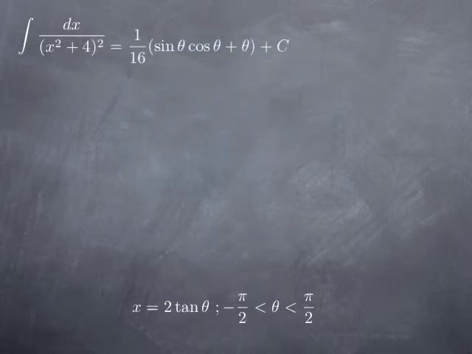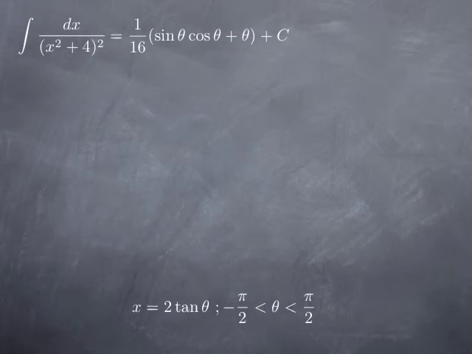And now I'm in a position to re-express this in terms of x using the usual geometric interpretation in the triangle. We have x is 2 tangent theta, in other words tangent theta is x over 2, and tangent is really the ratio of the opposite to the adjacent side.